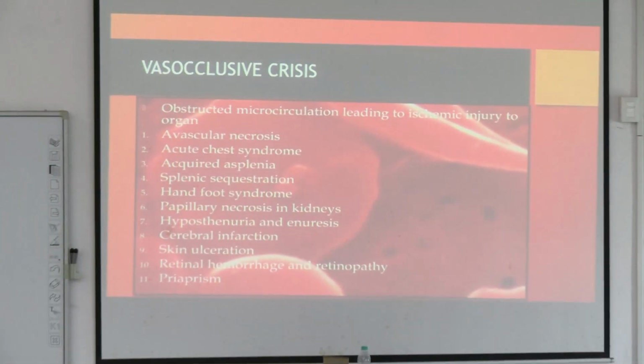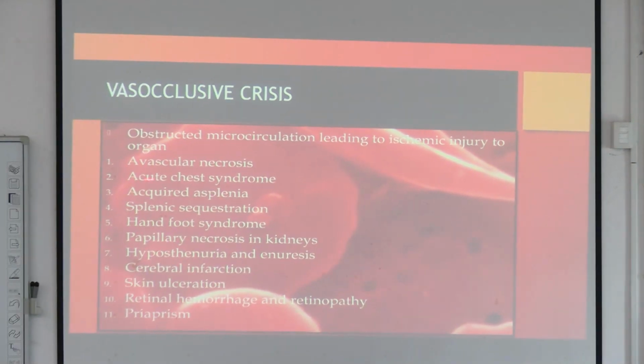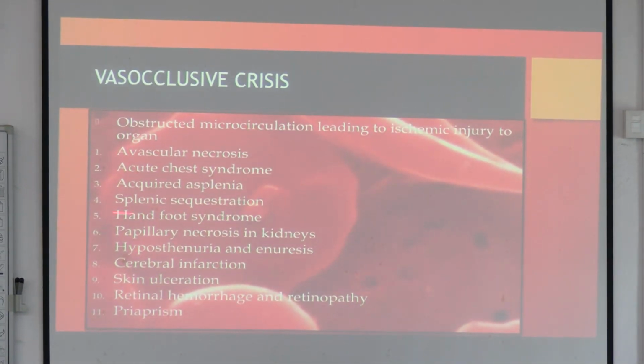So, vaso-occlusive crisis: obstructed microcirculation leading to ischemic injury to organs, avascular necrosis, acute chest syndrome, acquired asplenia, splenic sequestration, hand-foot syndrome, papillary necrosis in kidney, hyposthenuria and enuresis, cerebral infarction, skin ulceration, retinal hemorrhage and retinopathy, and priapism or painful erection.